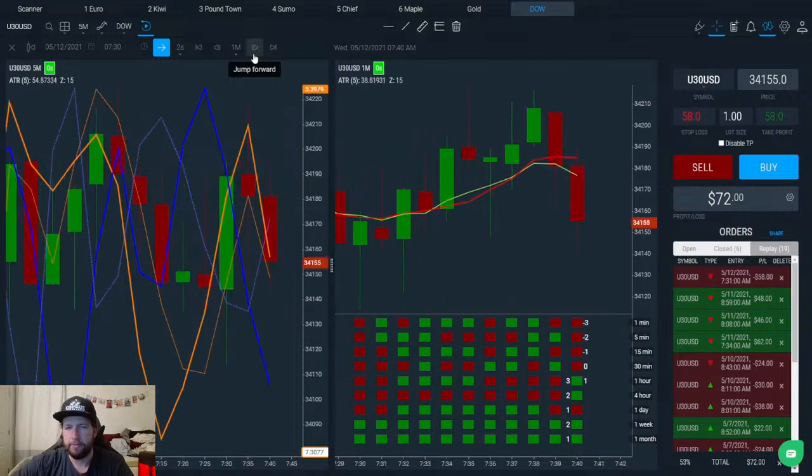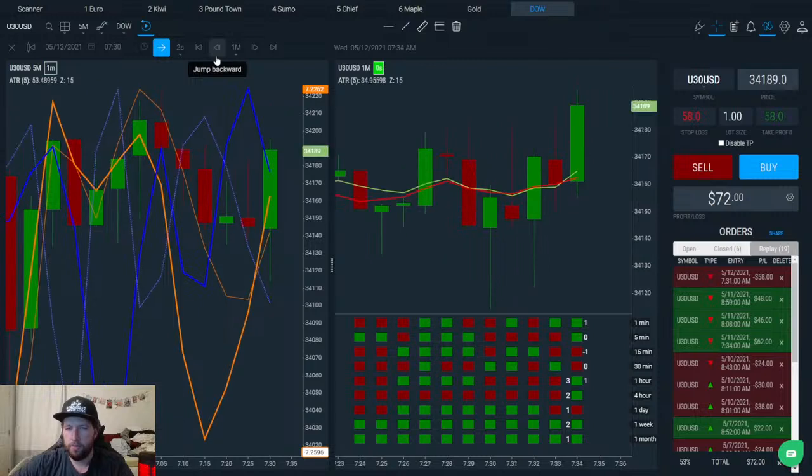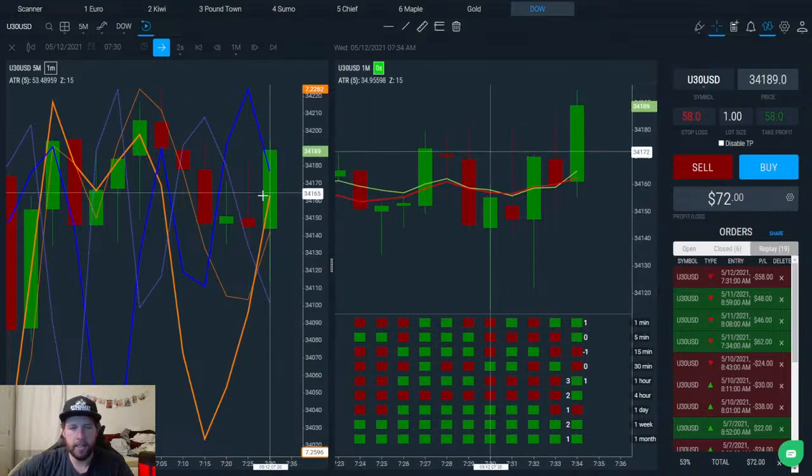Yeah, it's pretty ugly. Taking it anyway though, because we got the signal and we're getting a true rate here. Just a few minutes later we're getting a buy signal.